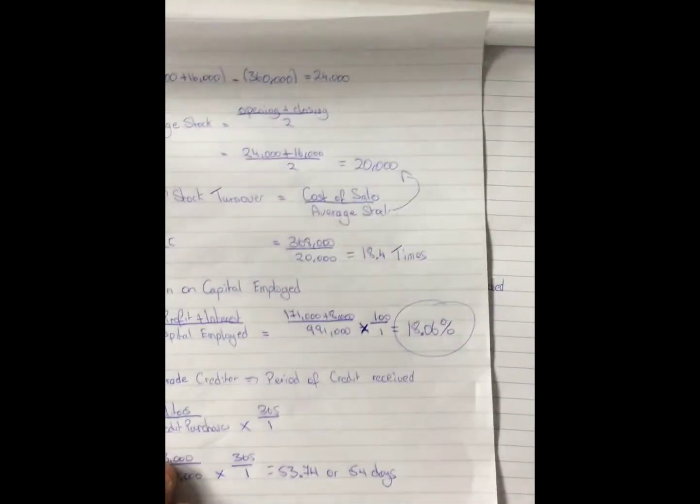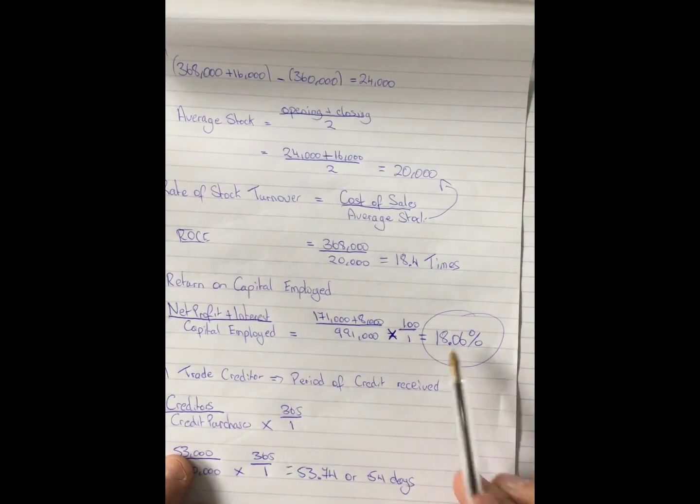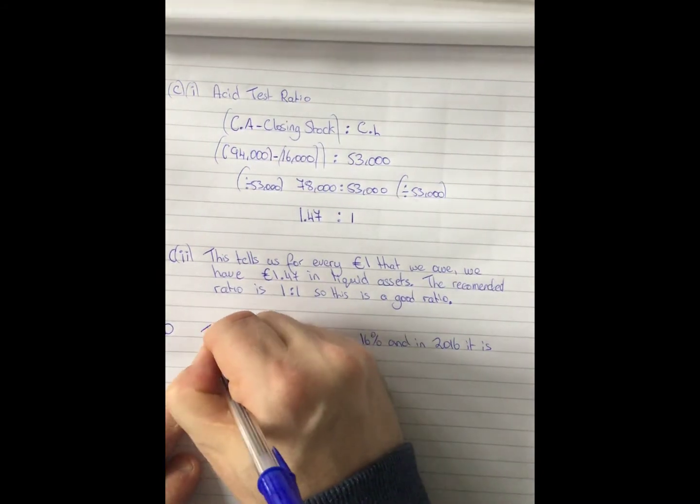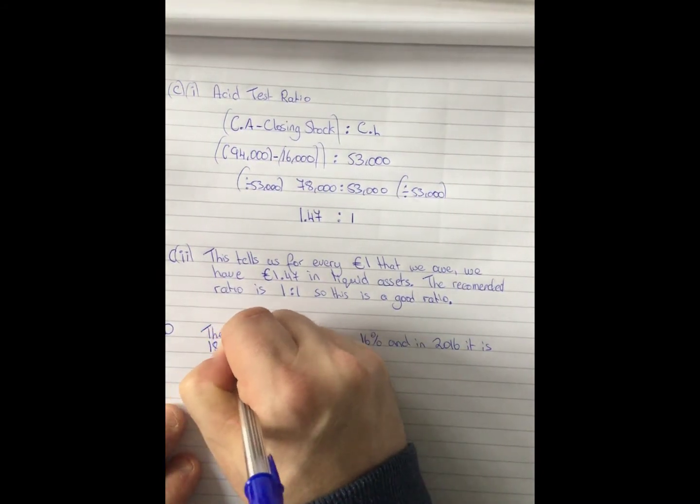Check it again, so you can see here that was the return on capital employed, so it is 18.06%.